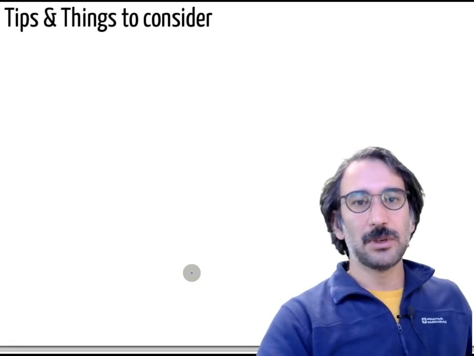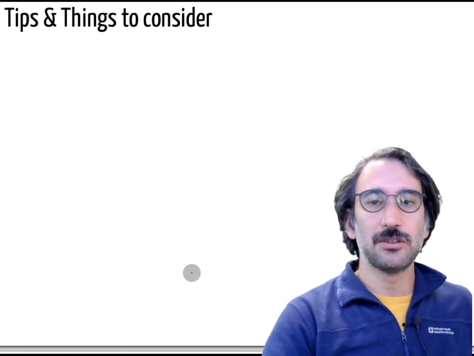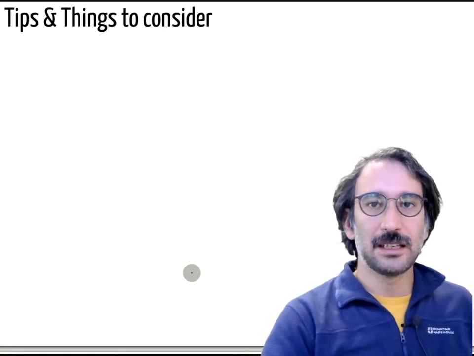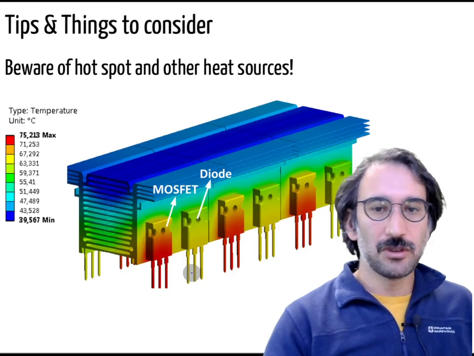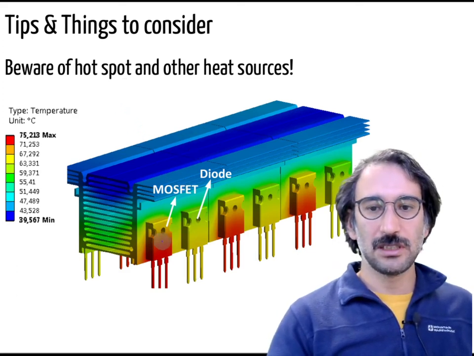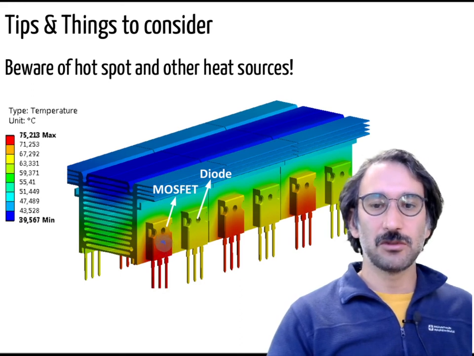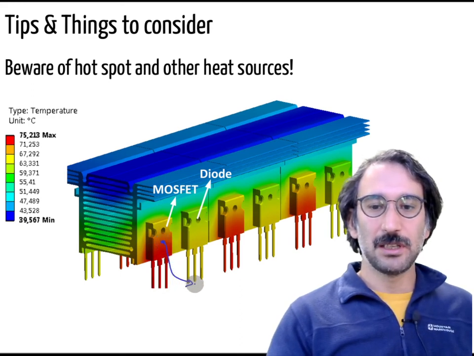Let's talk about the other tips and other important things to consider when designing our circuits. First of all, you need to be careful about hotspots and other heat sources. Our lumped parameter network is the easiest method, but it just gives you one piece of information about your MOSFET. It can give, maybe, 70 Celsius, okay?